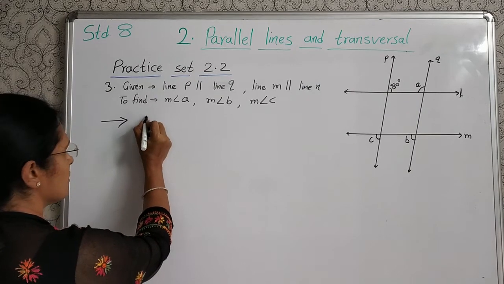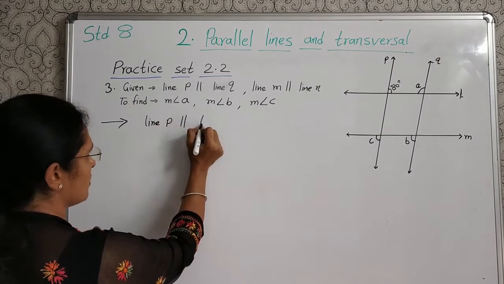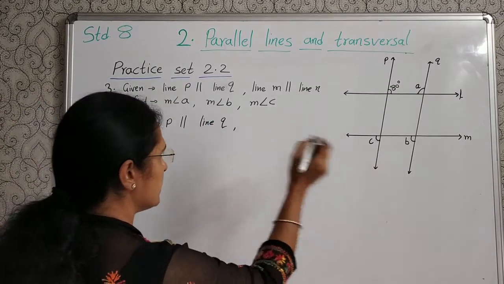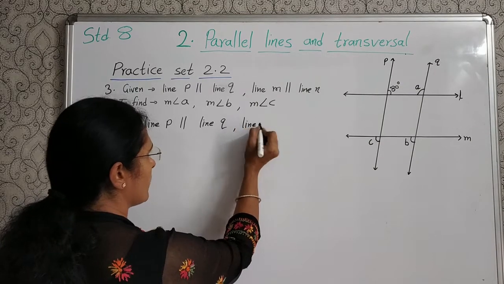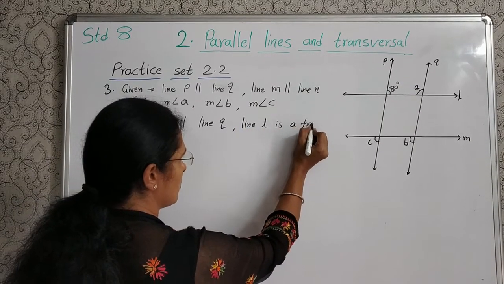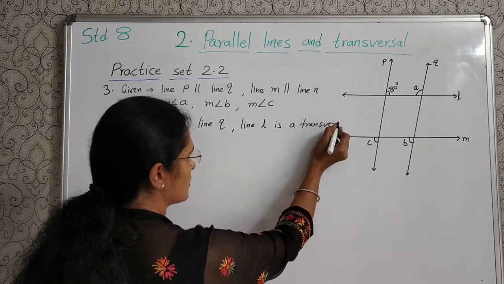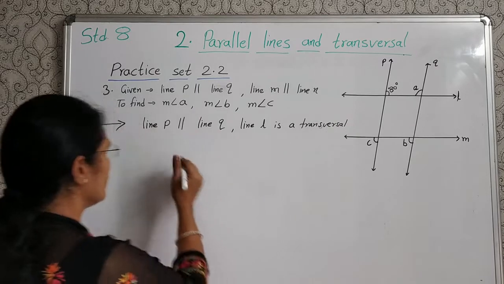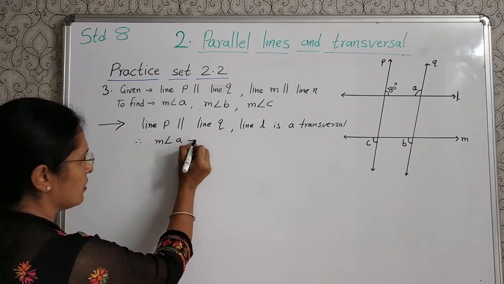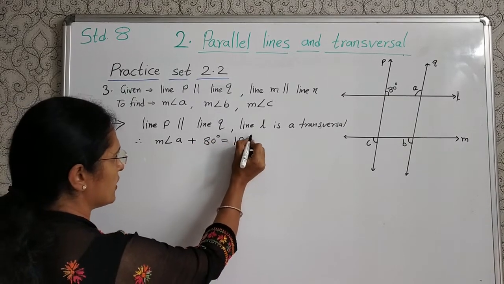First we'll write: line P is parallel to line Q and line L is the transversal. Therefore measure angle A plus 80 degree is equal to 180 degree.